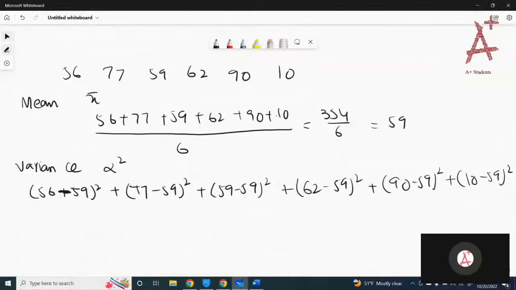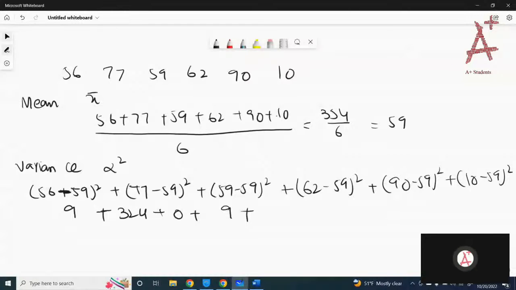So let me calculate the values. 56 minus 59 is 3 squared, and it would be 9, plus 77 minus 59 is 18, and 18 squared is 324. Then 59 minus 59 is 0. Then 62 minus 59 is 3, and it is again 9.